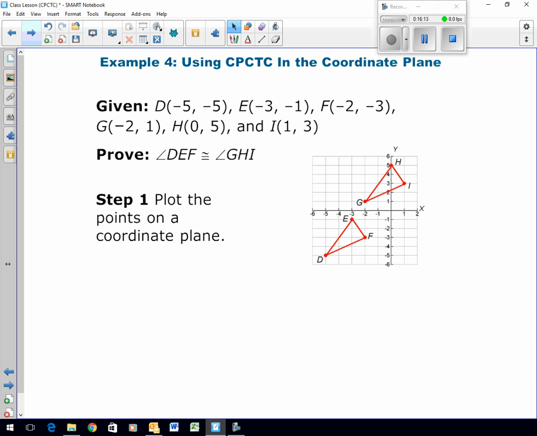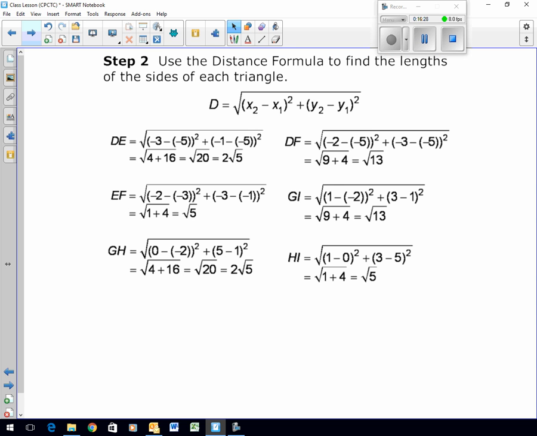Step one. They've done all this for you. Plot your points. That should not be that hard, right? That's easy. Hopefully you'll see easy problems like this, correct? Until you get to this step. Use your distance formula 3 different times to find the side lengths of each side of that triangle.